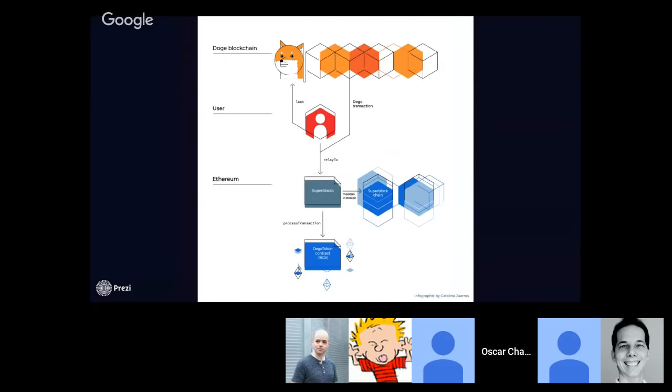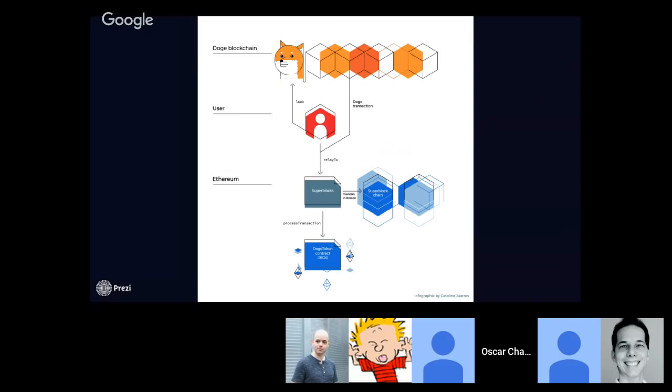Don't worry. So to send a transaction from Dogecoin to Ethereum, it works pretty similar to how it used to work. A user has to send a locked transaction to the Dogecoin blockchain, and then inform the smart contract that she sent that transaction. She has to prove to the smart contract that her Doge transaction was included in a Dogecoin block.